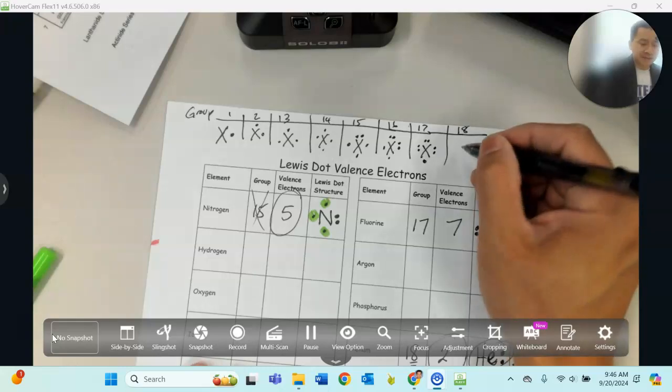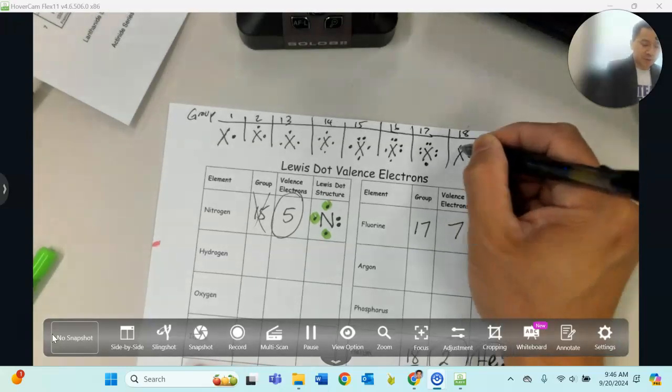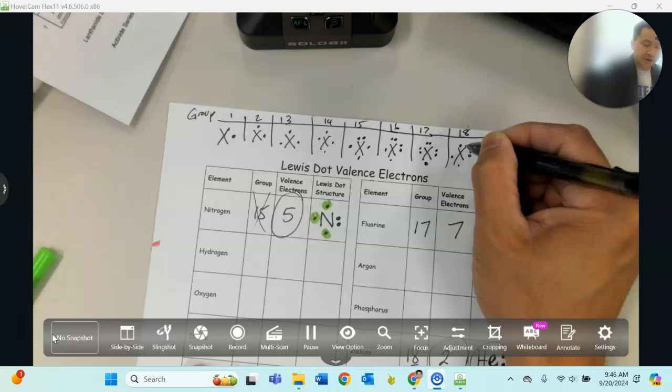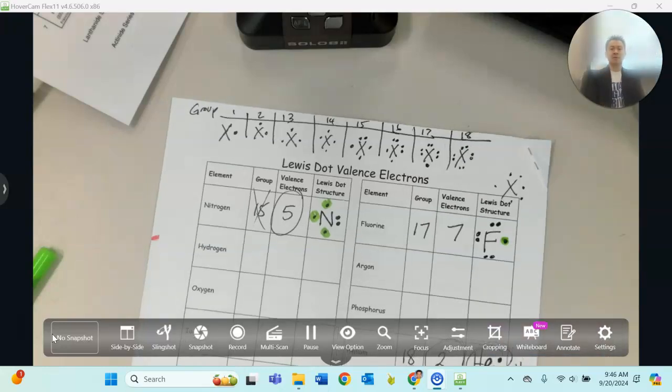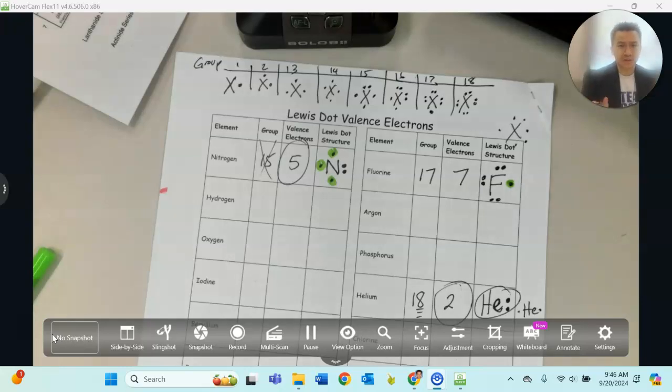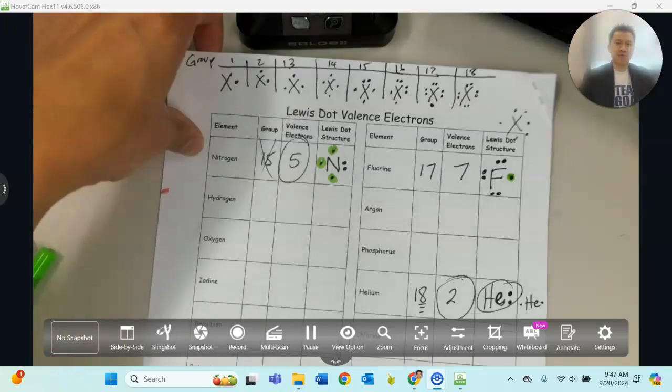Group 18, except for helium, you already know will be all 4 pairs. It is full. So that's how Lewis dot structures work. It's fairly simple: you replace the X with the symbol of the element, and the number of dots corresponds to the valence electrons. Pretty simple.